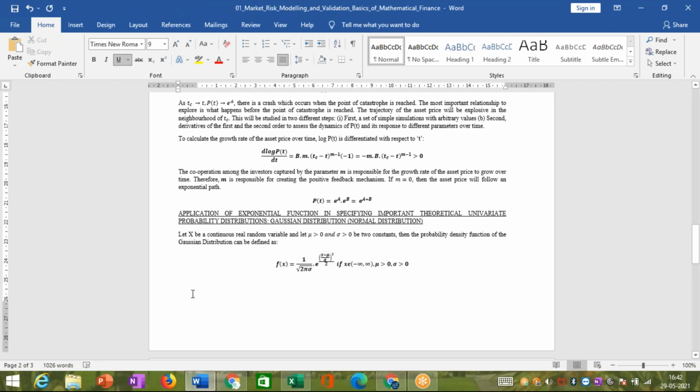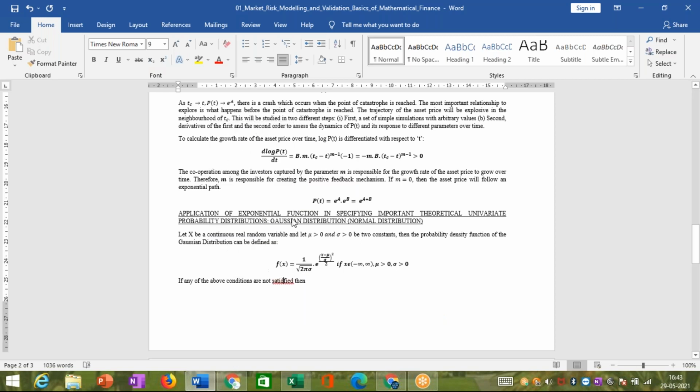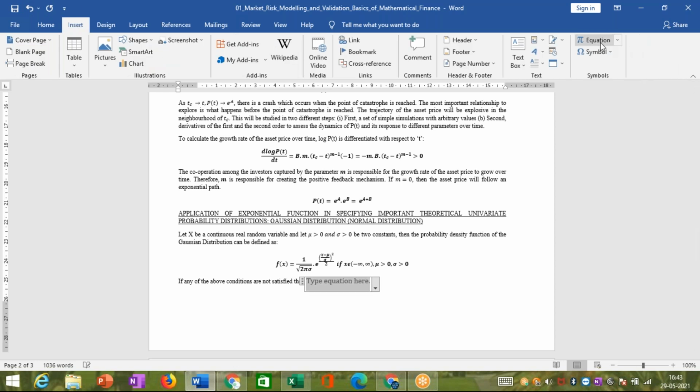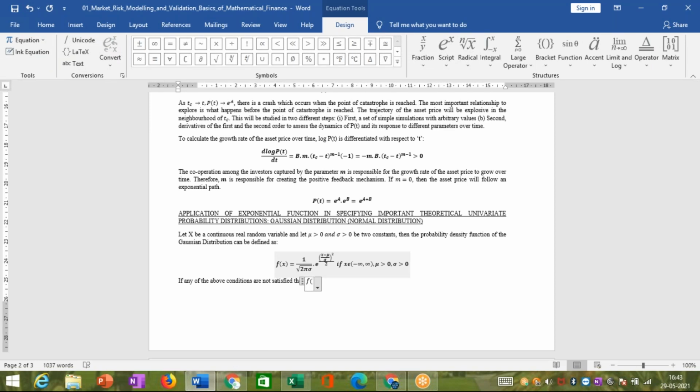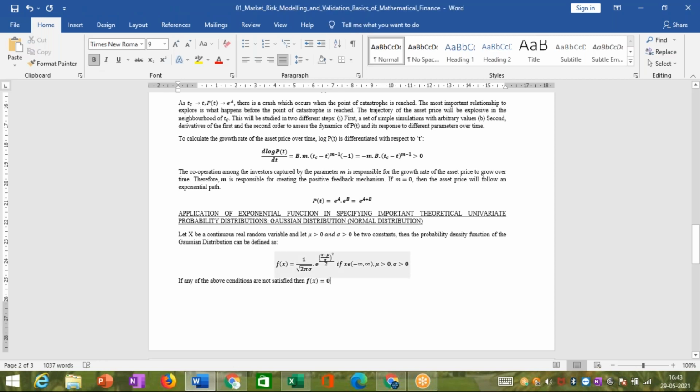Now, if any of the above conditions are not satisfied, then f of x is equal to 0.